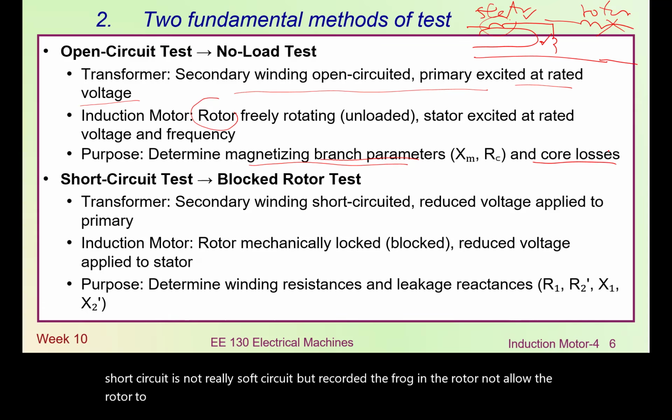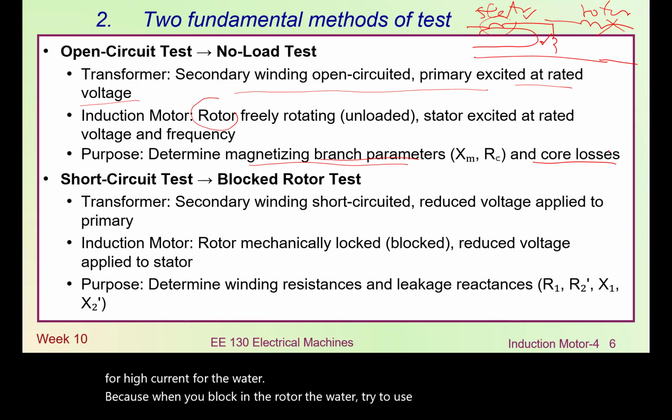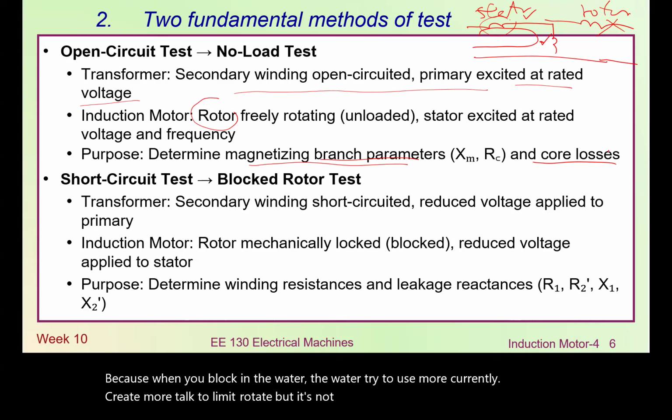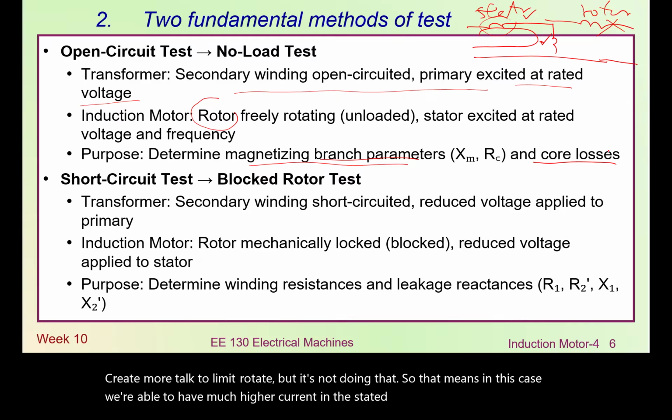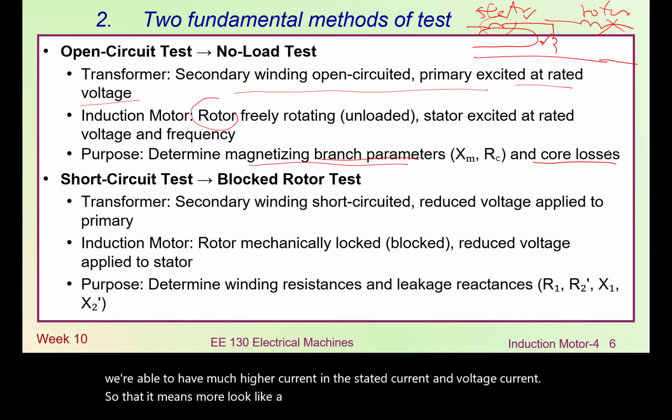In this case, we are demanding high current for the rotor, because when you block the rotor, it tries to use more current and create more torque to make it rotate, but it cannot. So we get much higher stator current and motor current, which looks like a short circuit in the secondary side, the rotor circuit side.